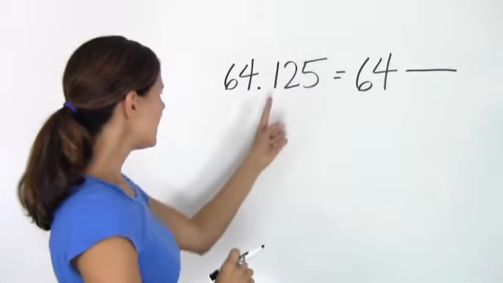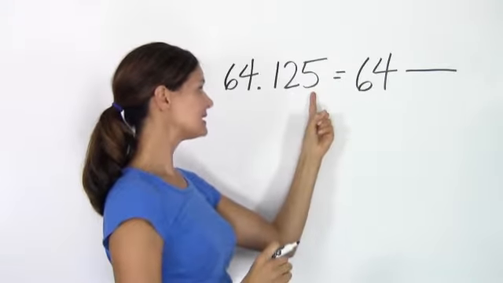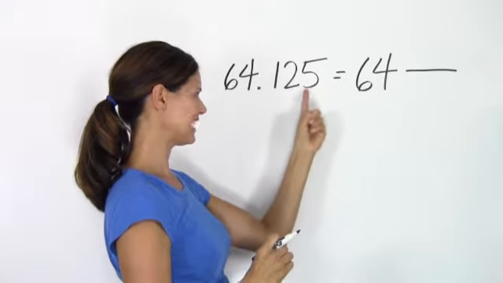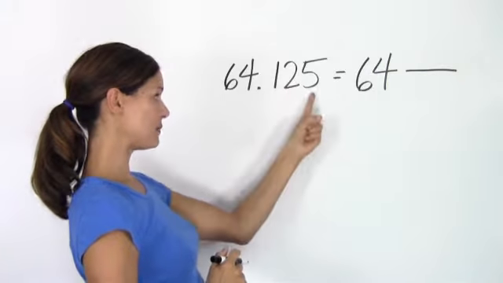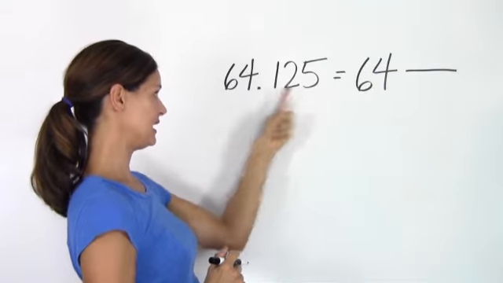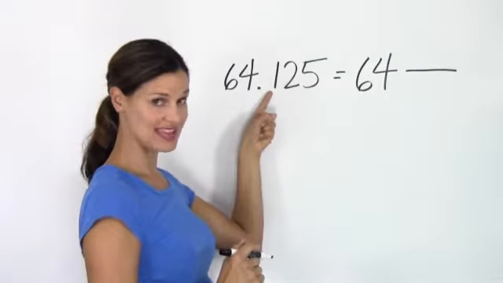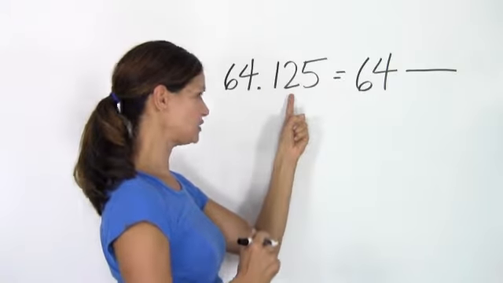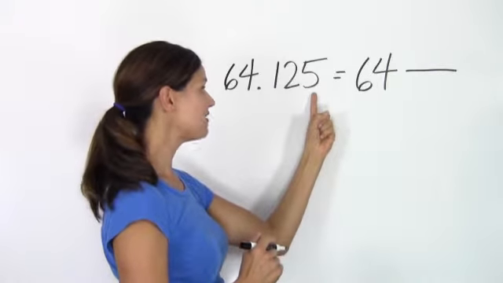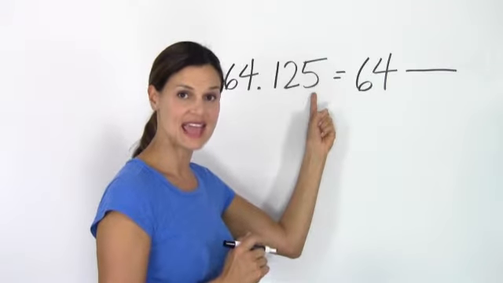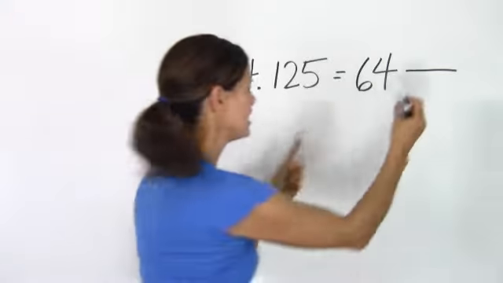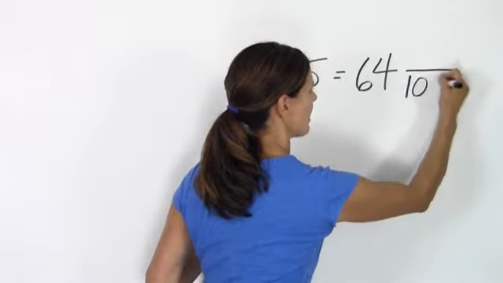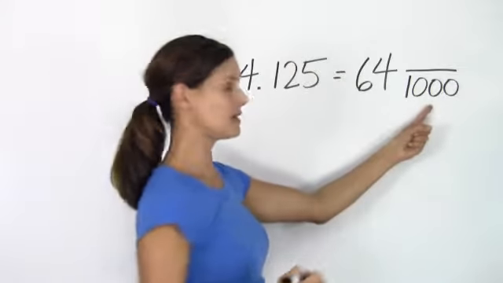So what I do is I go over to the last number of my decimal, and I count over to see what position my last number is in. My 1 is in the 10th place, my 2 is in the 100ths place, and my 5 is in the 1,000ths place. And that will be the denominator of my fraction. So I come over here and I write 1,000 in the denominator.